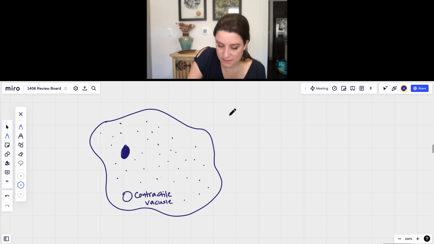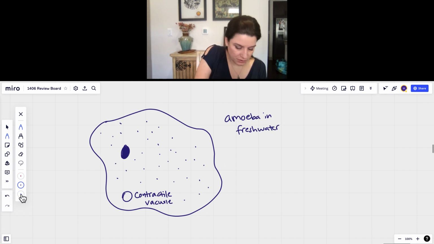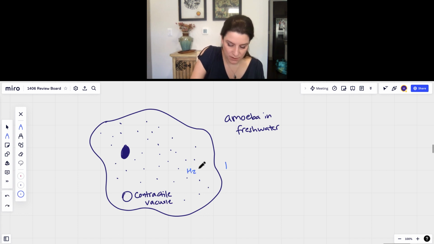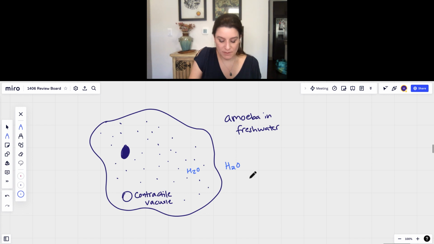So let's say this is an amoeba in fresh water. You're going to have water on the outside and water on the inside, because the cytosol is mostly made of water. So what happens overall? Well, the water on the outside is fresh water, which means it doesn't have solute in it.